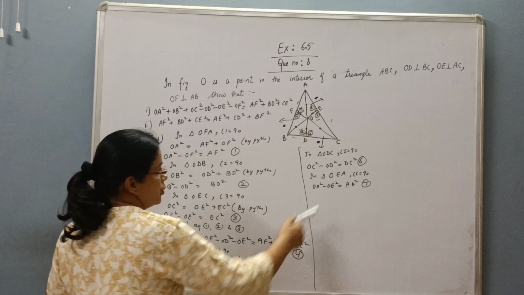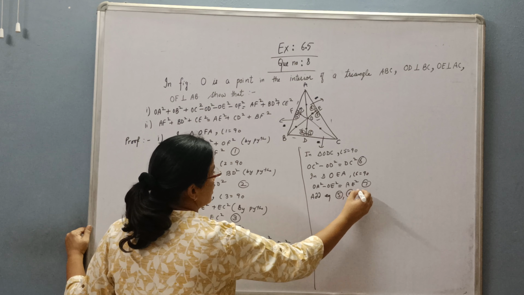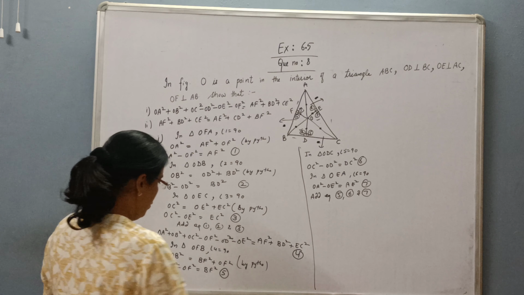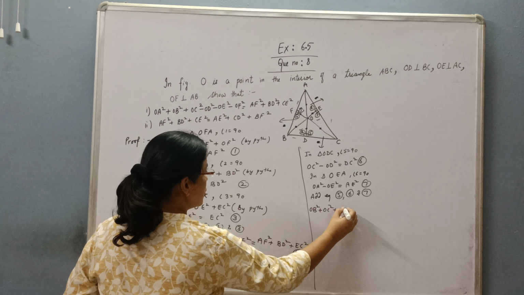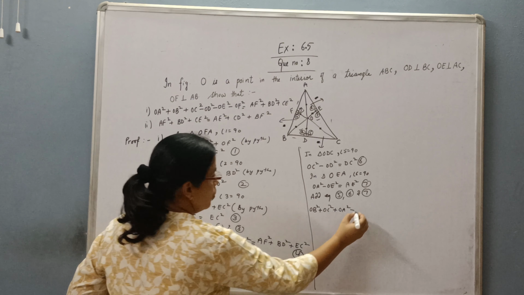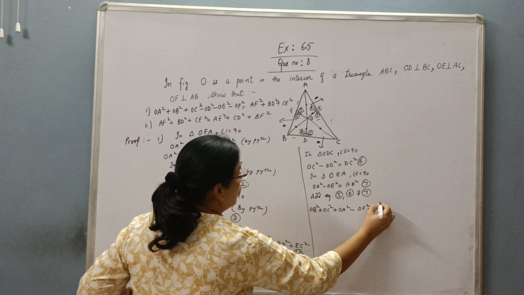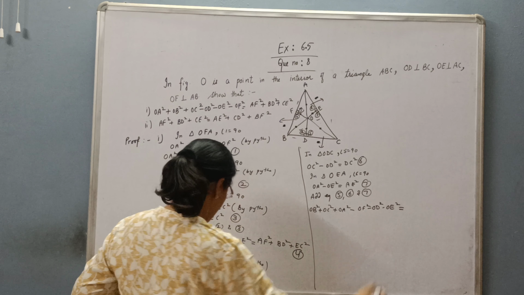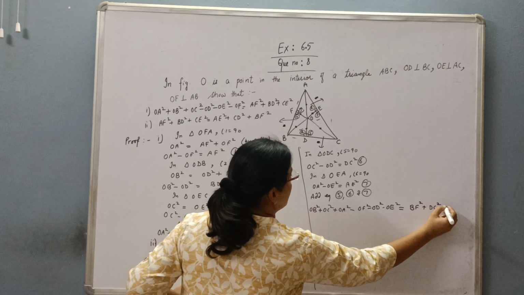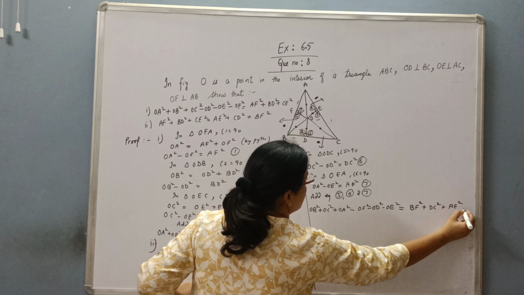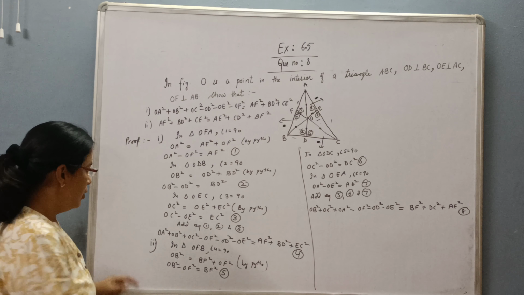Now by adding equations 5, 6 and 7, it comes out to be OB square plus OC square plus OA square minus OF square minus OD square minus OE square is equal to BF square plus DC square plus AE square, and this is equation number 8. Now compare equation number 4 and equation number 8.